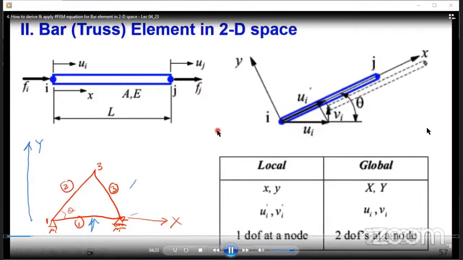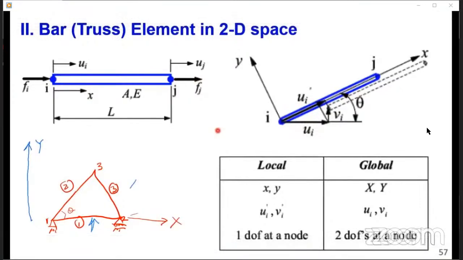But just as a summary, remember we talked about the local and global coordinate systems. We say that each element will be oriented in its own coordinate system, at element scale. Consider element one. I can just highlight here, using small letters x and y.